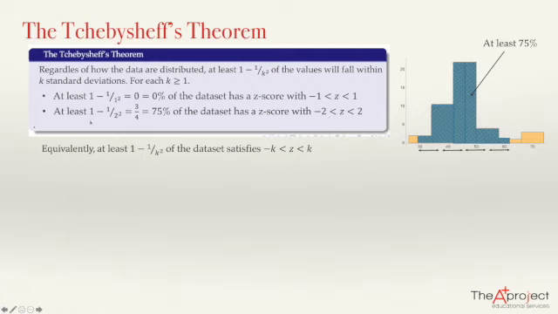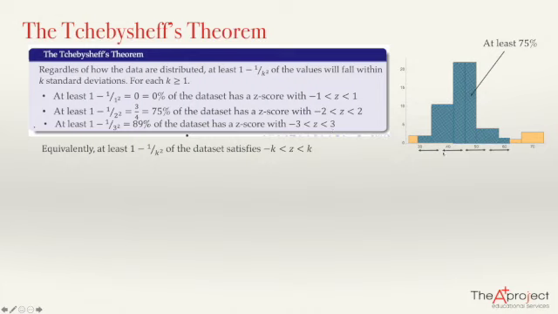So in case that k equals 3, we said at least 1 minus 1 over 3 squared. But 3 squared is 9. So 1 divided by 9 is 0.11. So 1 minus 0.11 is 0.89. So at least 89% of the data set has a z-score that is between negative 3 and 3.